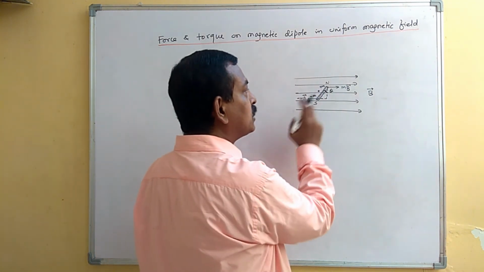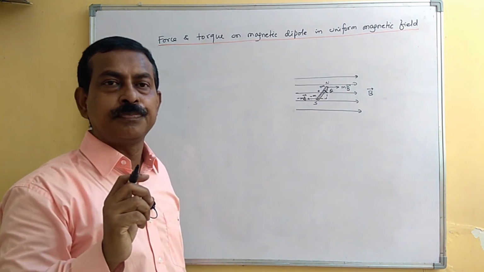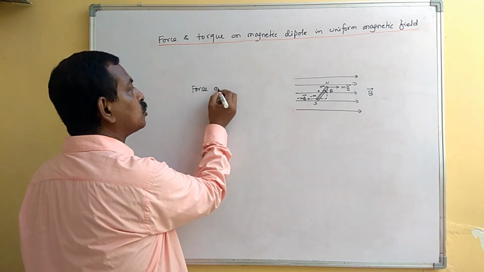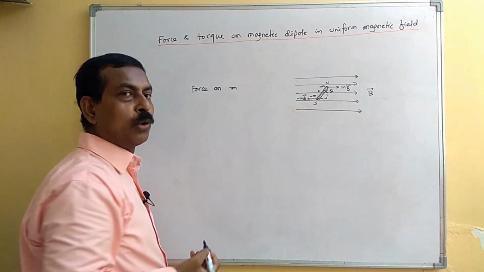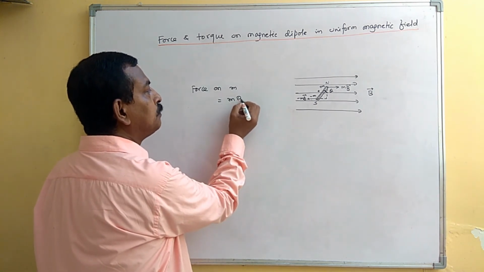So if you consider the force on the pole strength plus m, that will be equal to mB.